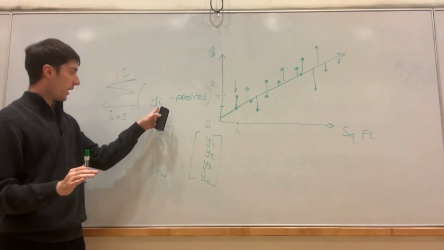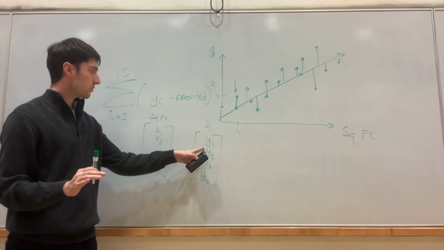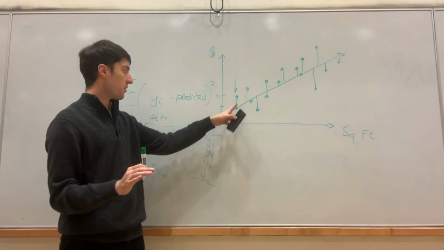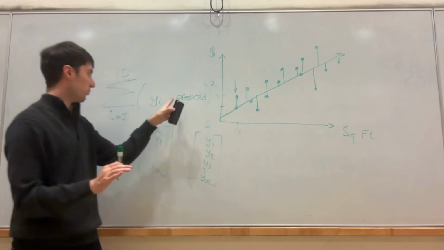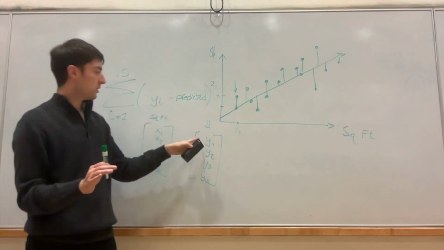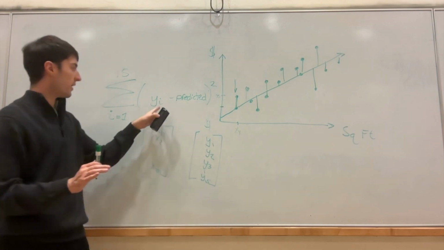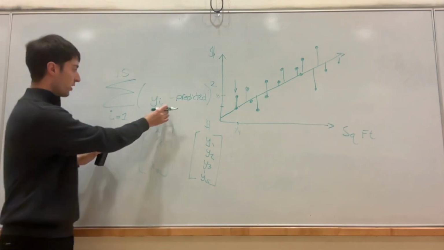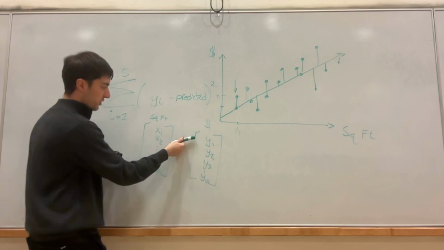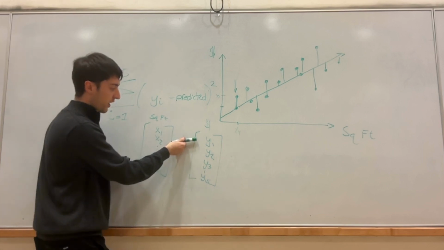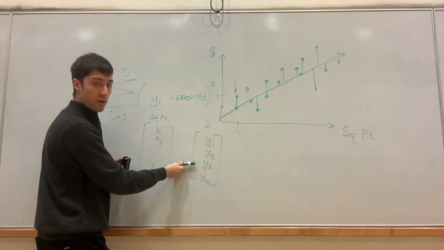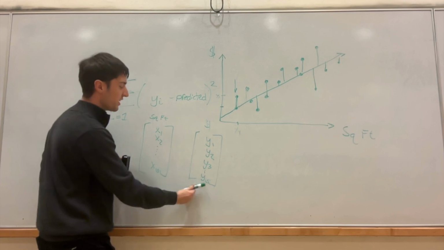Okay, so y of i is going to be the ith actual value, right? We wanted the actual value, and that's here for the first one, here for the second, third, fourth, fifth, right? That's what I mean by iterating. We're iterating over this i variable. So here is the first actual value, here's the second actual value, third actual value, all the way up to the 15th actual value.